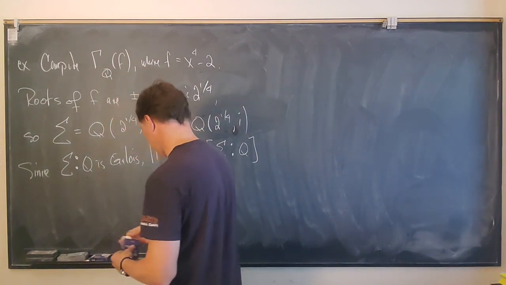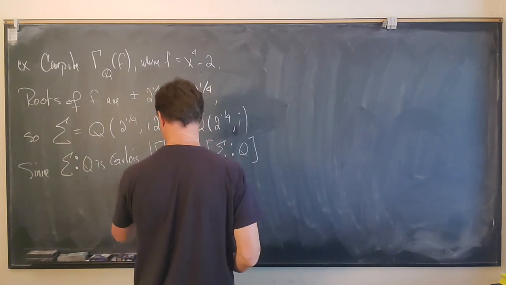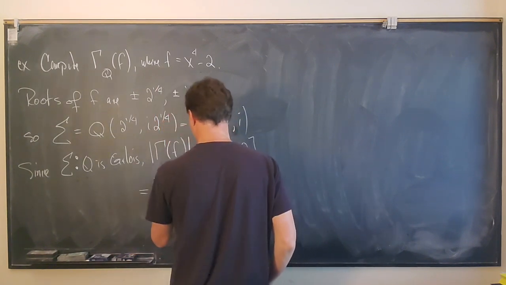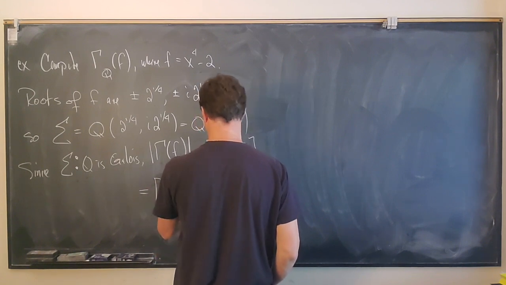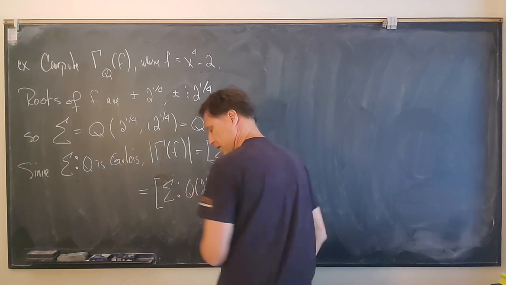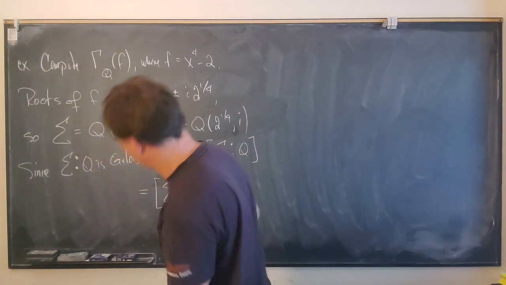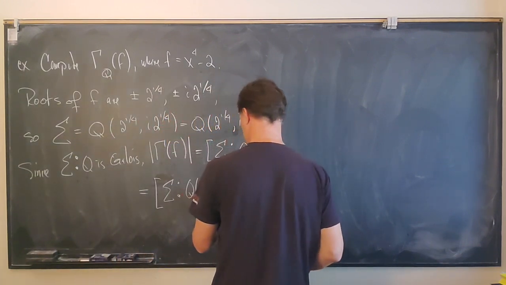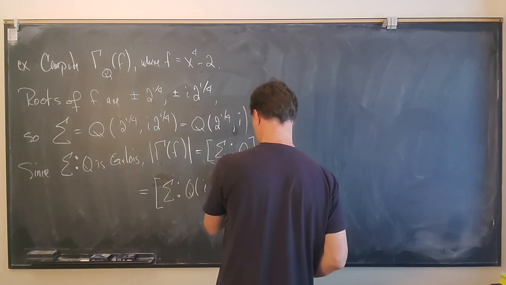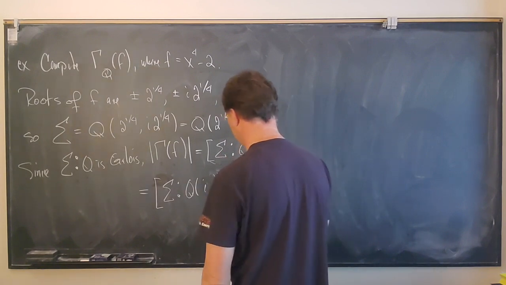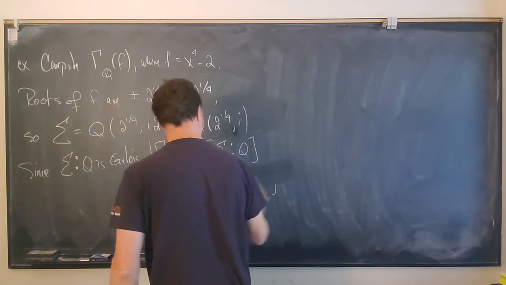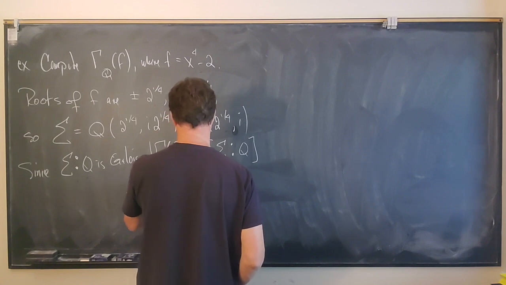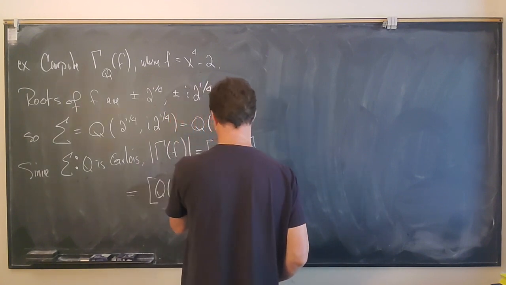And then you can just use the tower law to compute this. So this is equal to the degree of sigma over Q adjoin i, times the degree of Q adjoin i over Q. Let me just write it out: Q adjoin 2 to the 1/4 comma i over Q adjoin i.